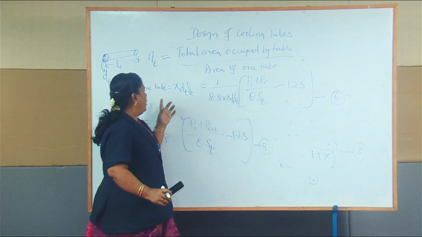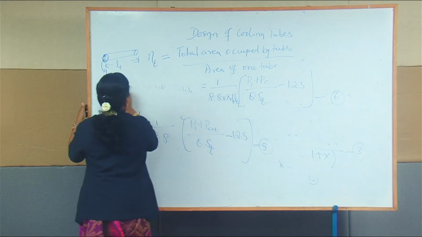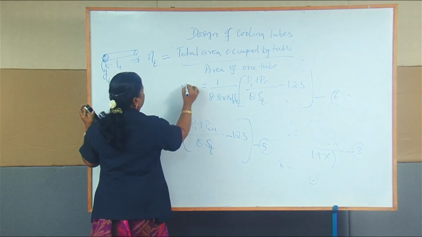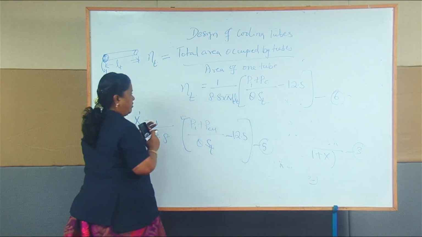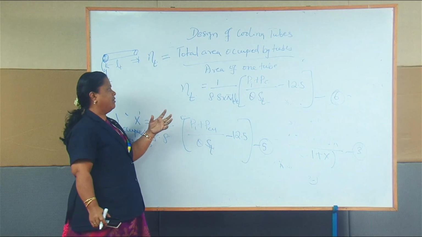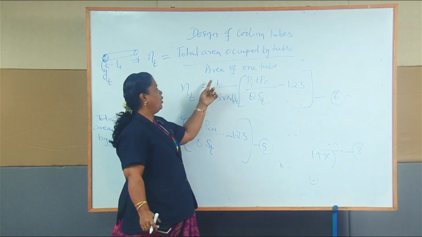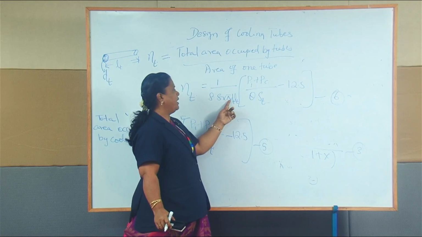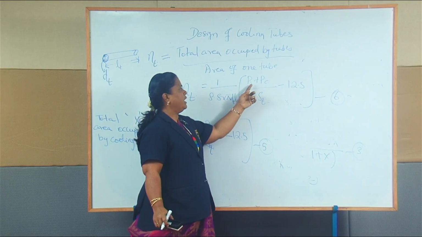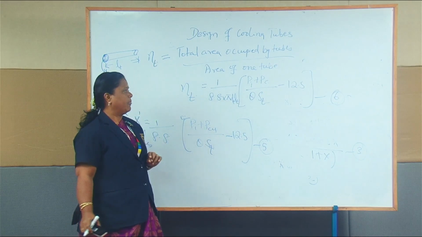Yes. Now, the number of cooling tubes that has to be provided for a given transformer tank can be expressed as NT equal to 1 divided by 8.8 into pi dt Lt, in bracket (Pi plus Pc) divided by (theta into St minus 12.5), right?